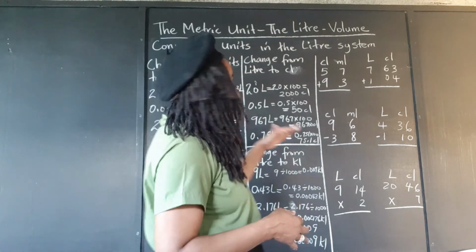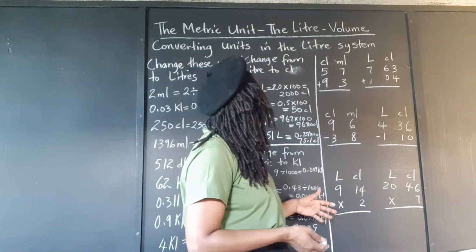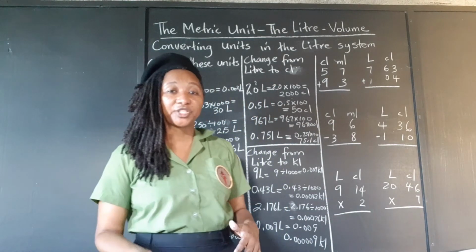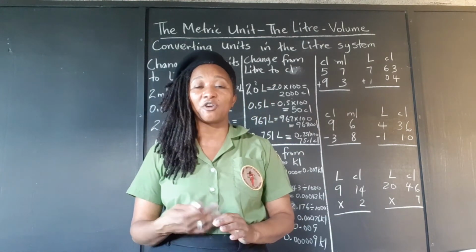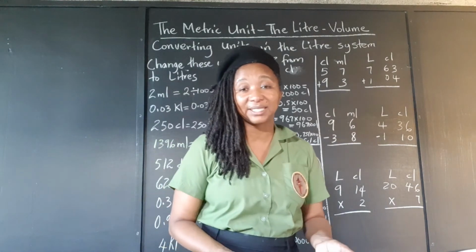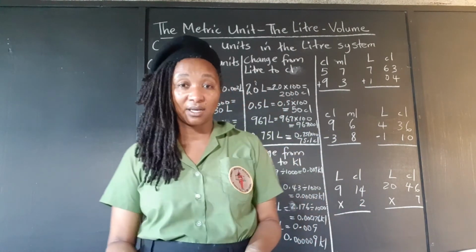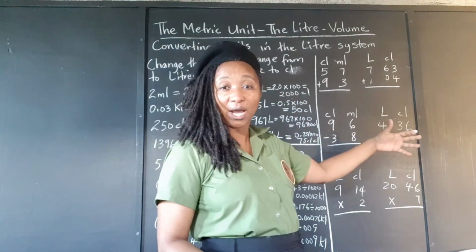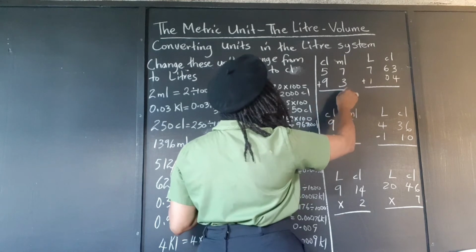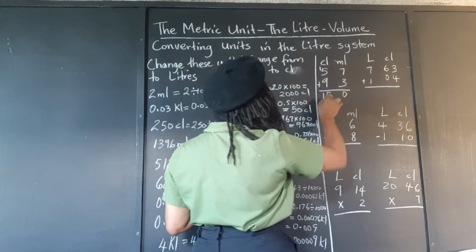Alright, so I'm just going to demonstrate to you now that when we're adding, subtracting, multiplying, dividing, liters, centiliters, and so on, since it's already in a base 10 system, and we use a base 10 system ordinarily when we're doing our arithmetic, we simply do like we would normally do because it's already in base 10, right? So 7 and 3, 10, put down the 0, carry the 1, 9 and 1, 10 and 5, 15.